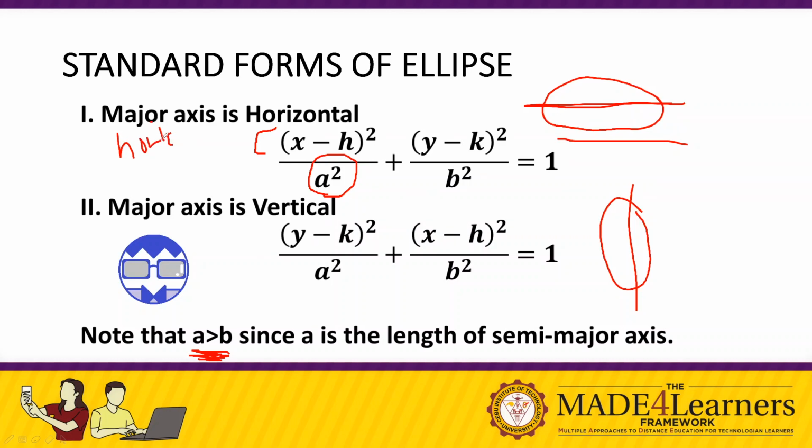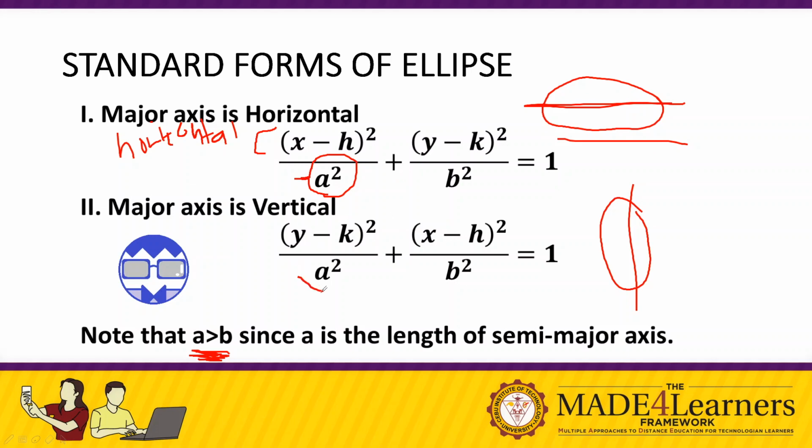You can remember in our previous topic on parabola, x and h pertain to the horizontal. The square of the longest segment is under it at the denominator of the horizontal, so the ellipse is horizontal.